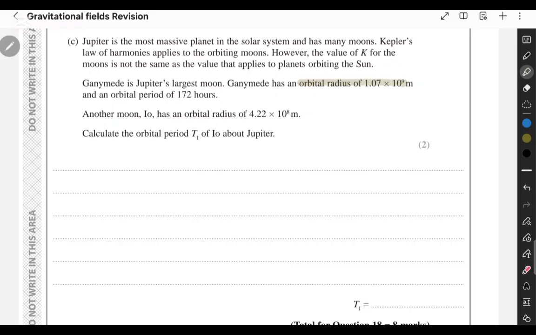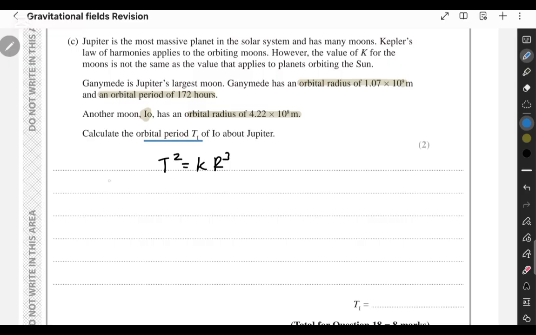Let's highlight this. So orbital radius, and then we have an orbital period for Ganymede, and then we have another moon, Io, and it has an orbital radius of this. So first of all, I know T squared equals k r cubed. Now what I'm supposed to find is the orbital period of Io.